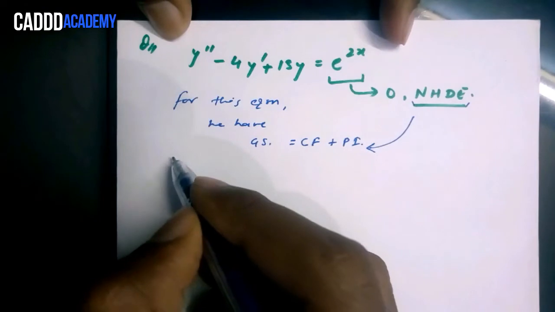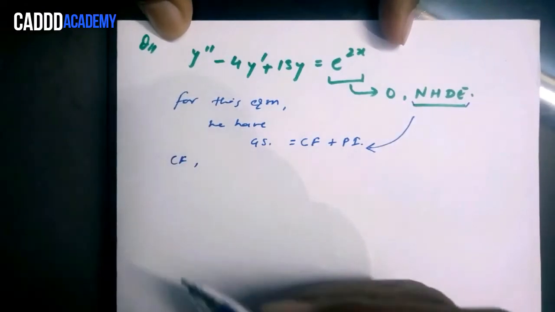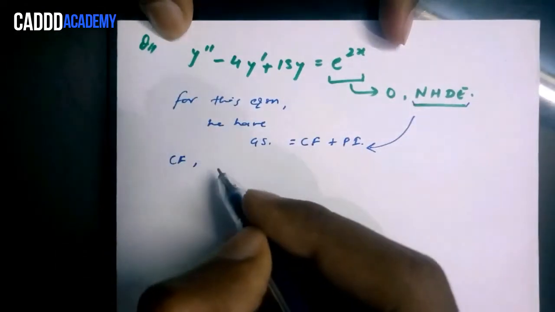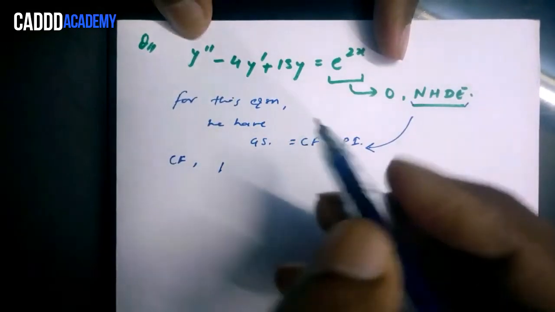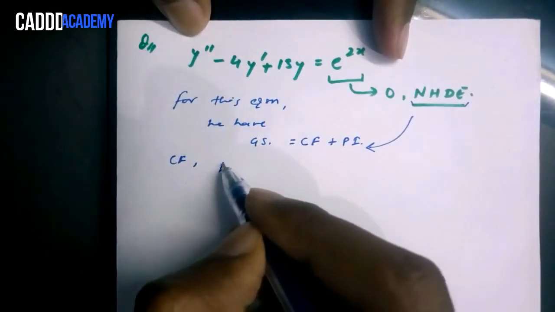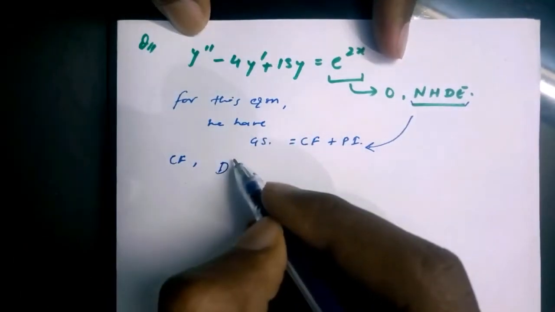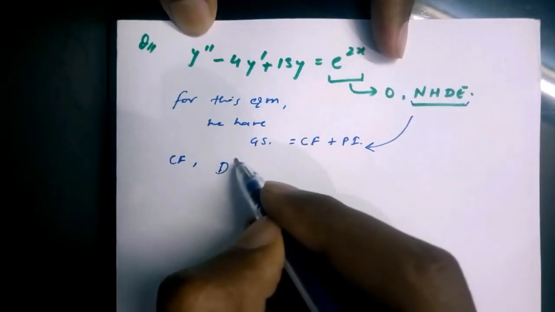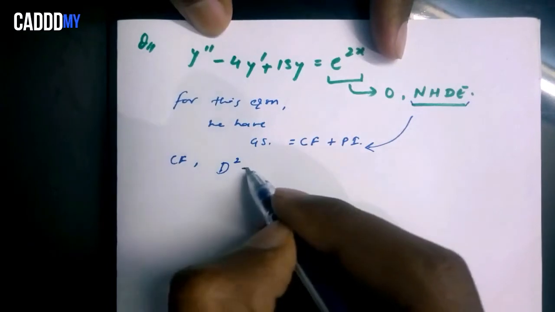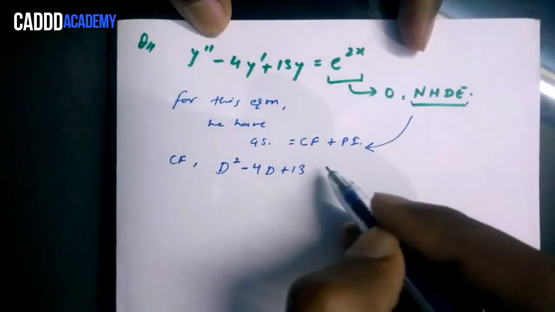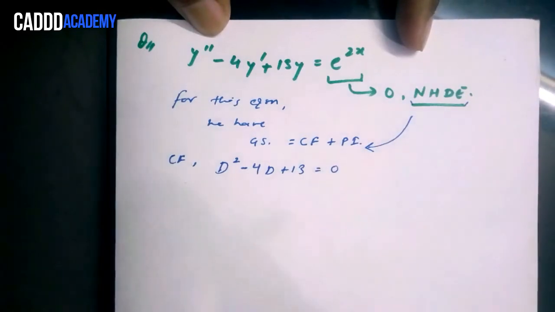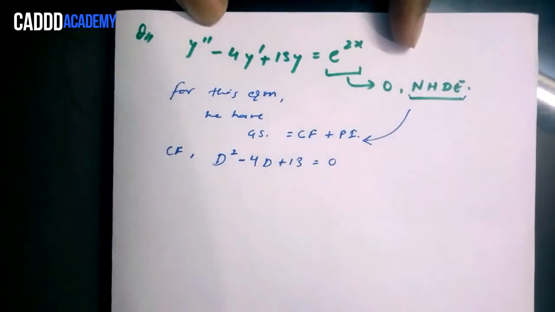To get the complementary factor, we have to get the roots of the equation. We have to form the auxiliary equation for getting the roots. So this is D squared minus 4D plus 13 is equal to 0.